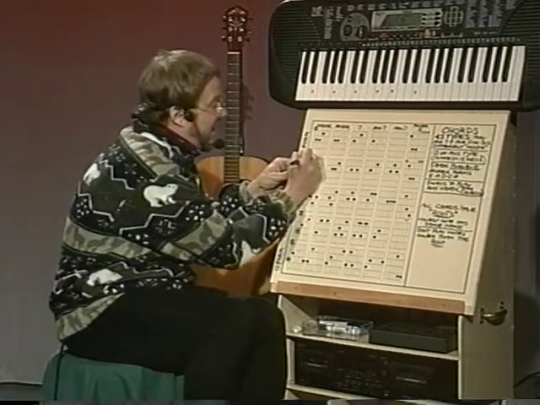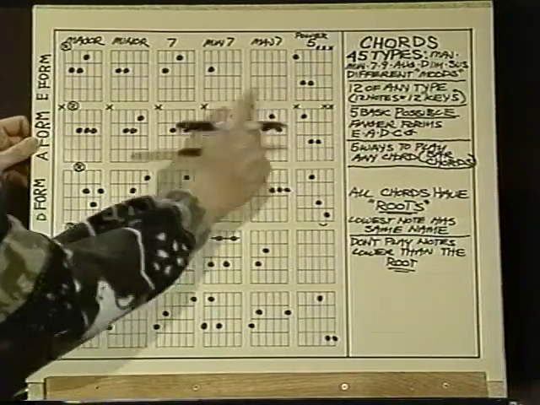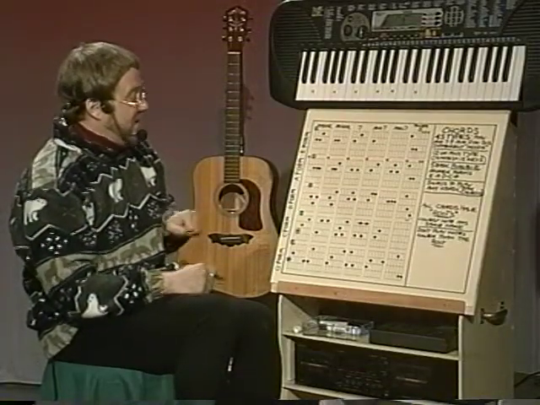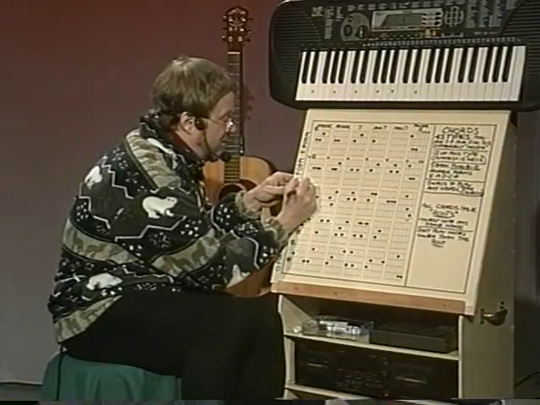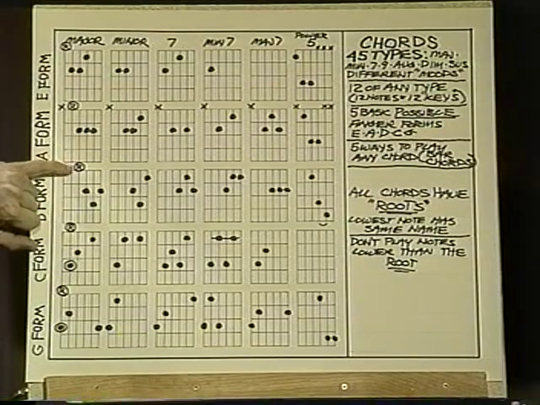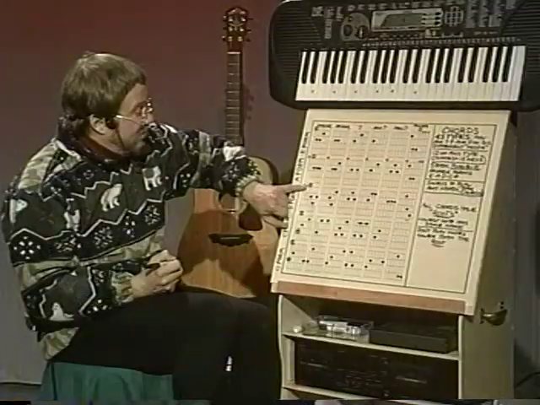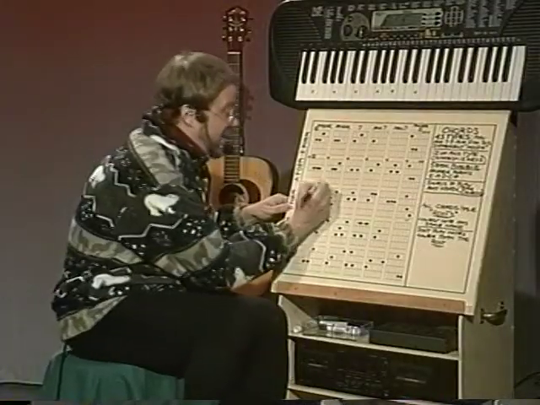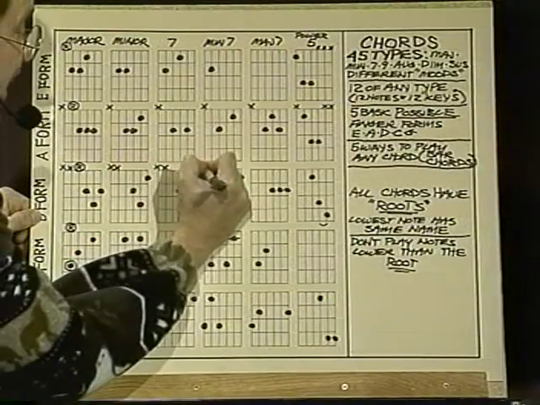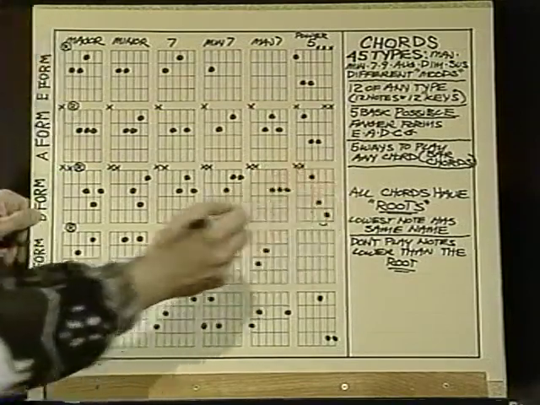So, for example, in A-form chords, you don't play your low A string, because those would be notes that are lower than the root. So that's why I X'd them off. In D-form, you don't play either of your two bottom strings, because your root note is on your D string, and both of those would be notes that are lower than your root note D. In all of your D-form chords, as a general rule, you're not playing either of your bottom strings.